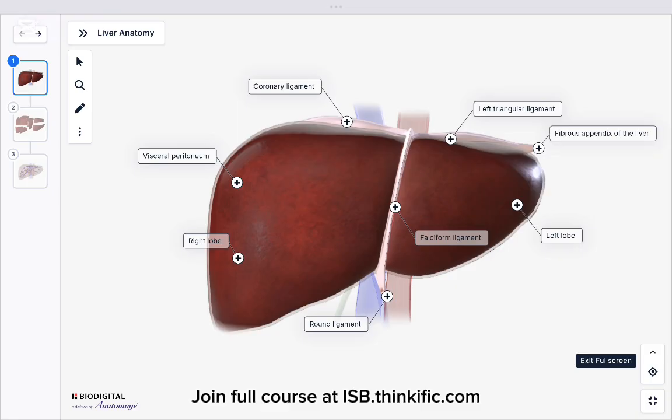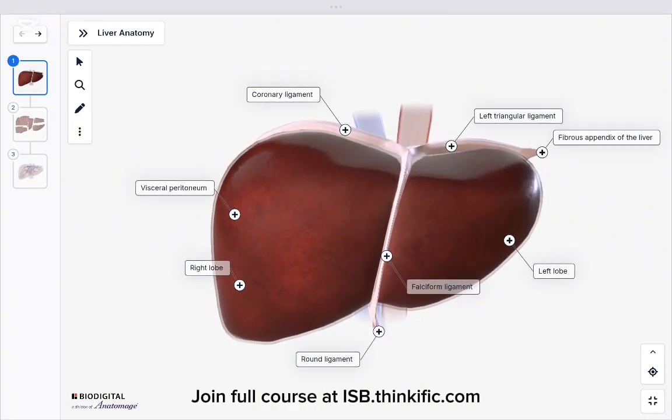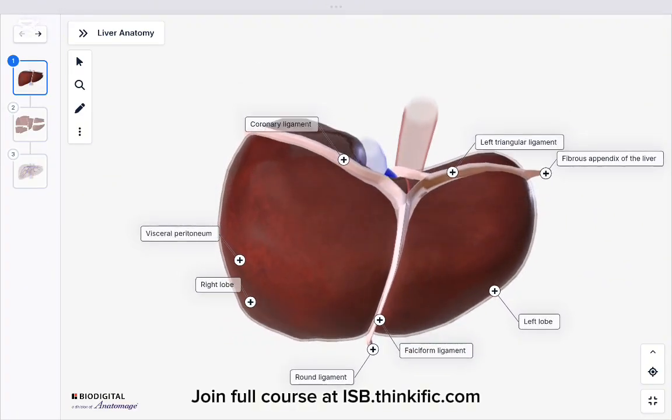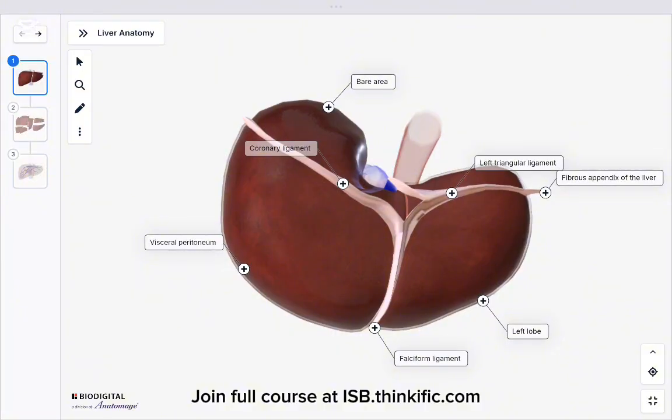So in this 3D model, as you can see, that's the falciform ligament highlighted over here. That's the anterior aspect of the liver. When we move to the superior aspect, as you can see, the fold of peritoneum is the coronary ligament that I'm telling you about. There's an anterior layer, which is this.